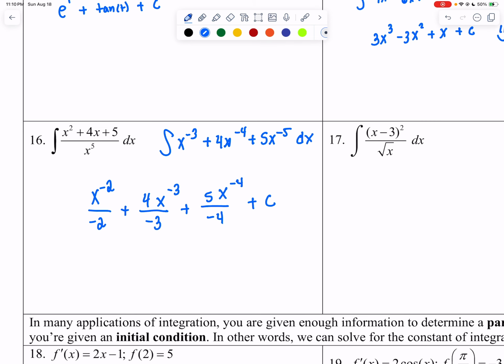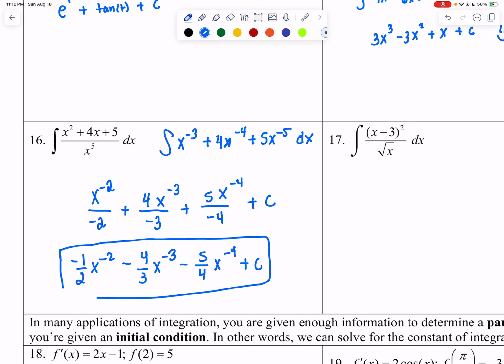I'm going to rewrite this so that it's prettier. But obviously the top expression is technically correct still, but we've got to make it pretty.